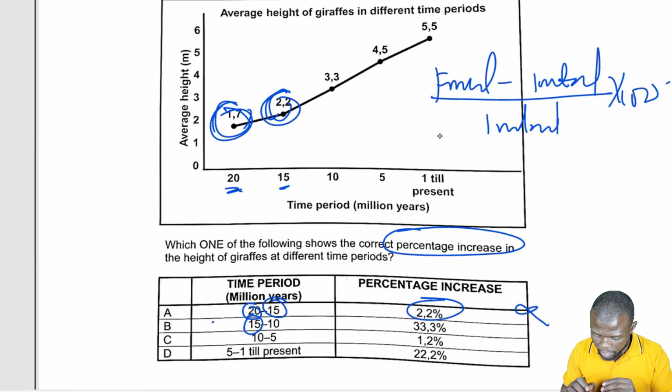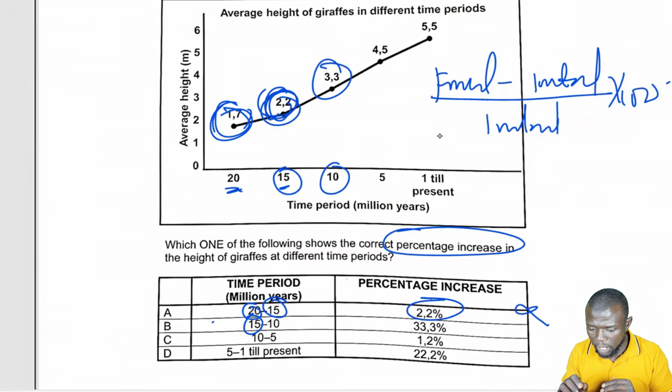B, 15 to 10, meaning that final, which is 3.3 minus 2.2 divided by 2.2 times 100, do you get this? If you don't get it, then it's wrong. 10 to 5. 10 is 3.3, and the 5 is 4.5 minus 3.3 divided by 3.3 times 100. Do you get this? If no, this is wrong.